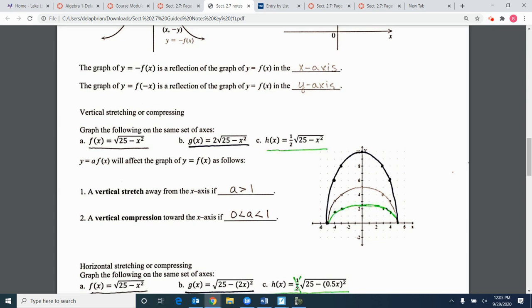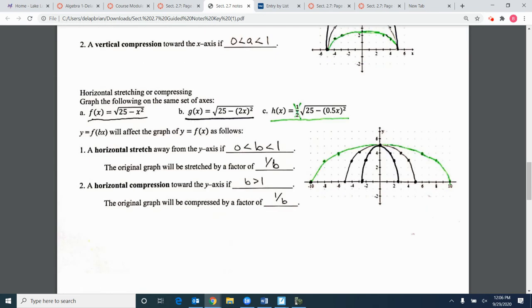I'm sure a lot of you just have a is less than 1 there, but technically it should be between 0 and 1, because once you go into the negatives, you still get a stretch or compress, but that also will reflect it. So for this case, a is greater than 1, it's going to stretch it up. A between 0 and 1 is going to compress it towards the x-axis.